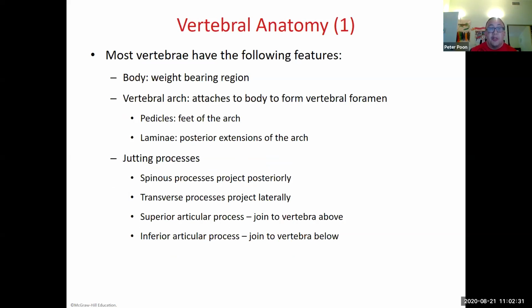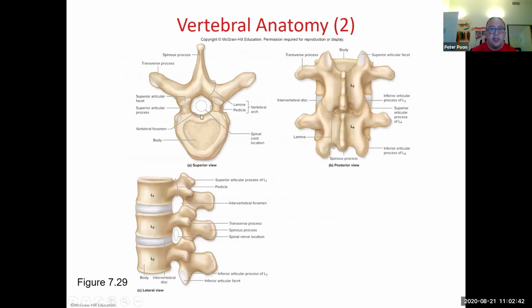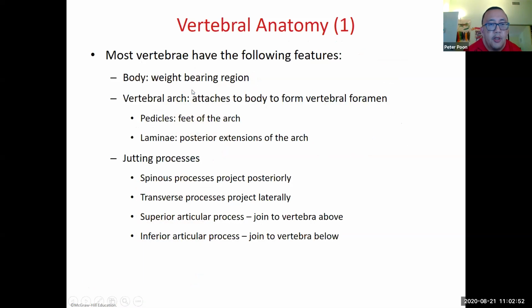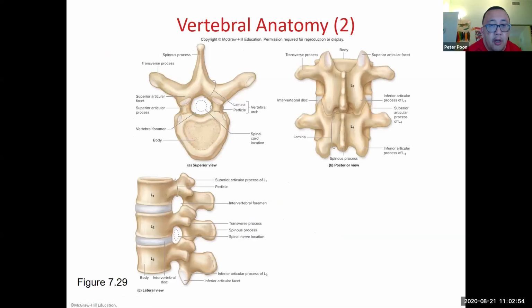Most vertebrae have these things. The body, which is the weight bearing region. This is the arch. Then the pedicles, the feet of the arch.